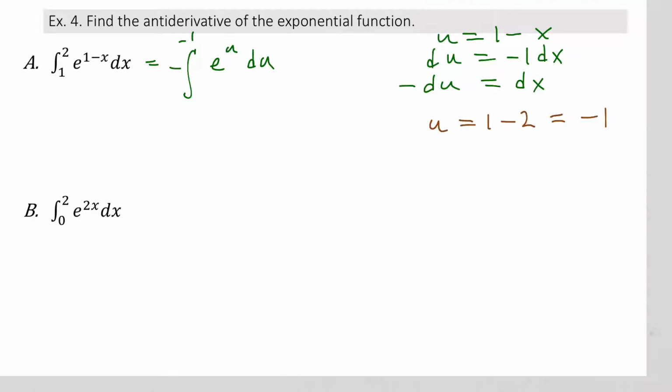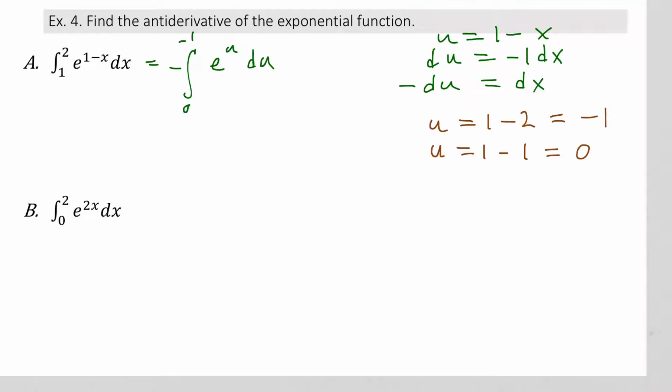And then for the lower limit, I've got 1 for x, so u equals 1 minus 1, which is 0. So the lower limit of integration would be 0 in terms of u.